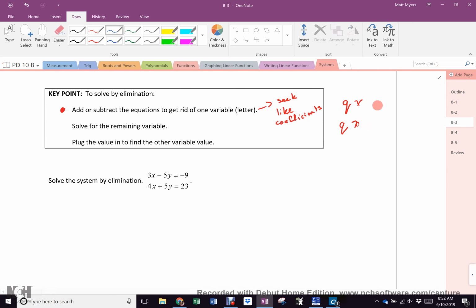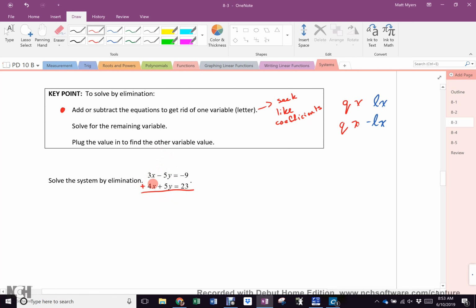If it was Lx and negative Lx, what would I do? Add. So, what are we going to eliminate here? The y's. Since it is a positive and a negative situation, are we adding or subtracting? We are adding because our goal is to eliminate y.